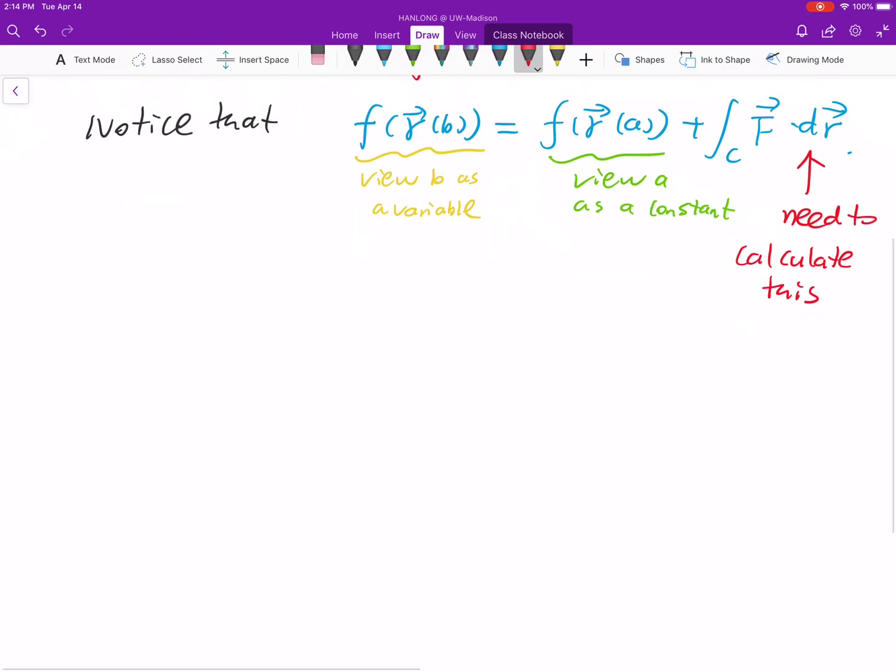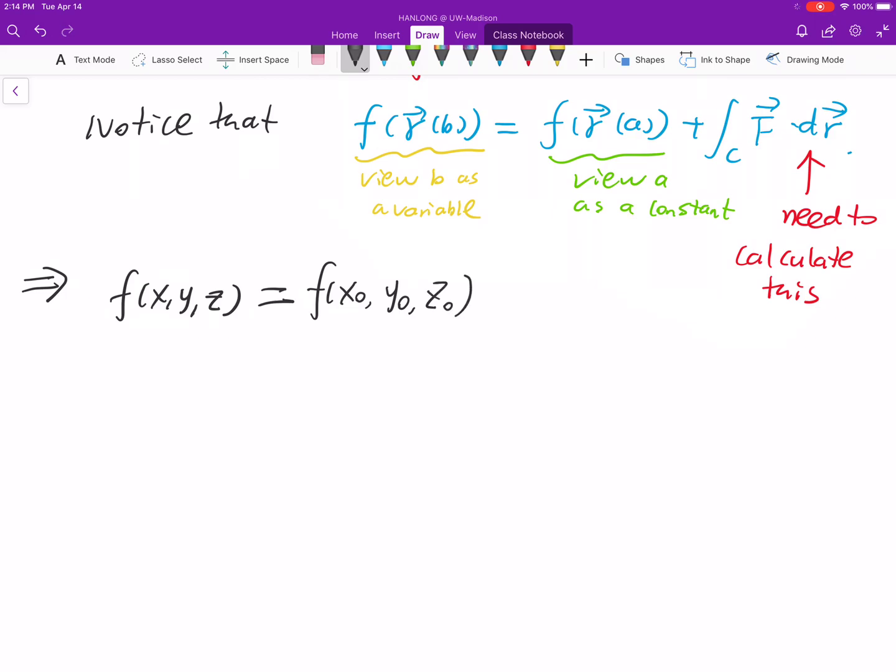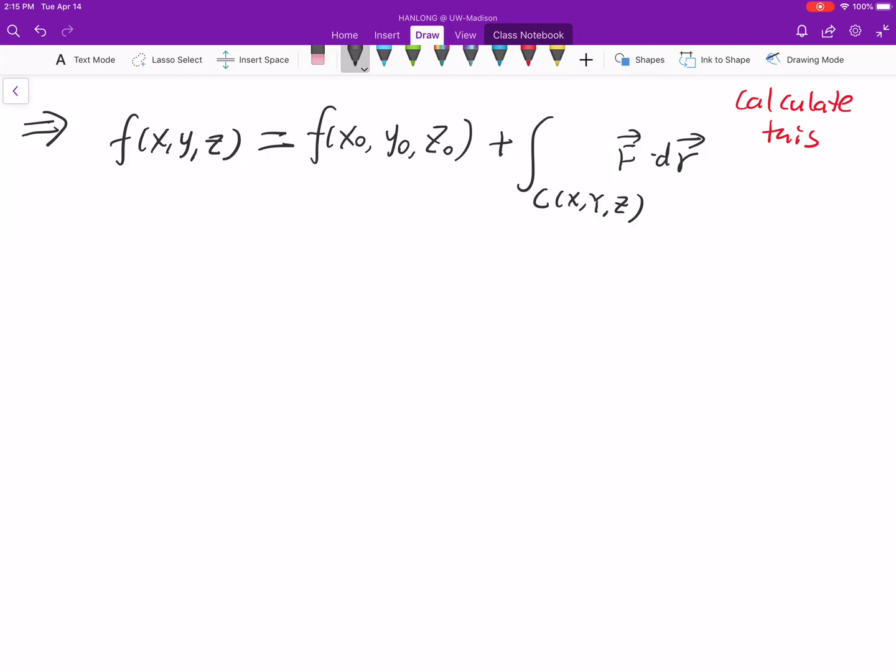So we can write this as following: f(x,y,z) is f(x0, y0, z0) plus integration along some curve C(x,y,z) of F dot dr. Here we need to explain a little bit what is (x,y,z) and what is C(x,y,z).